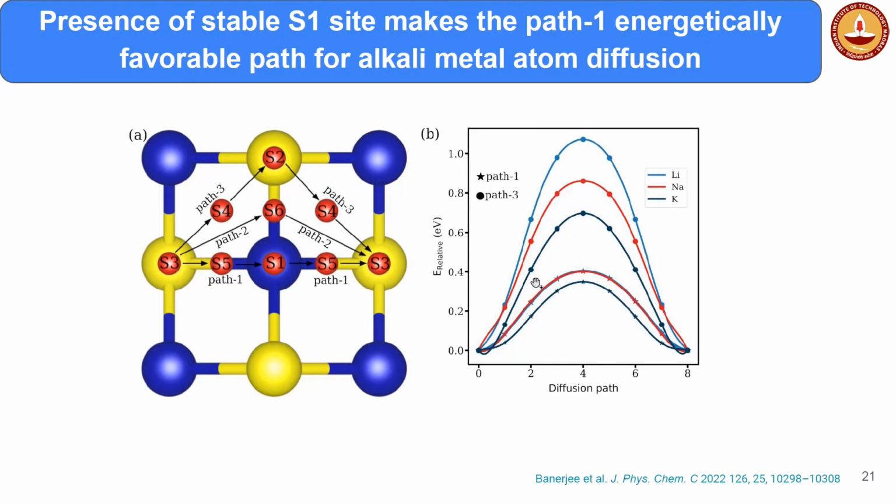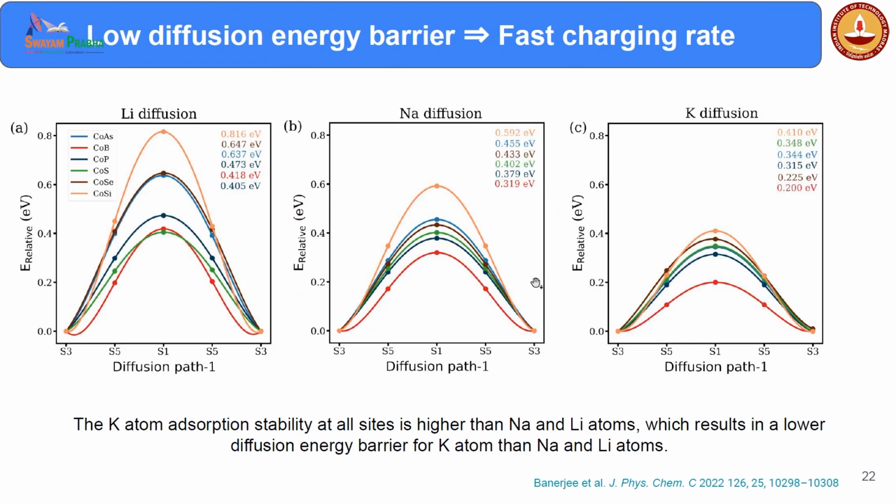We can further understand this by just plotting all the sites that are in between S3 to S1. Here, when I am drawing, I did not calculate and show you the difference in energy between the S5 and S3 also. So that's also something that we need to consider. I just considered S3, S1 and S3, that's all I did. So we can calculate the diffusion energy barriers for each one of them.